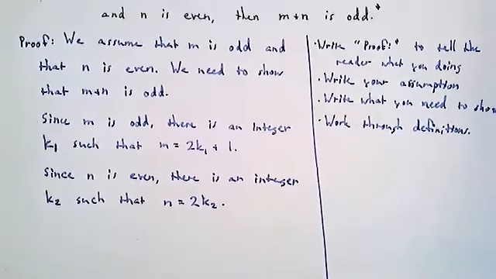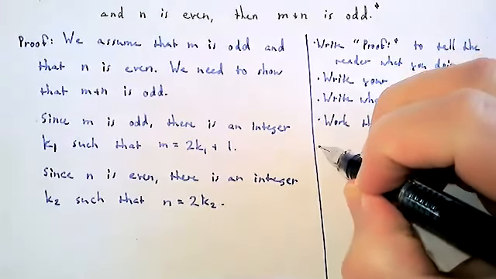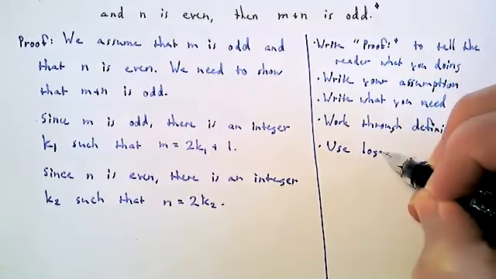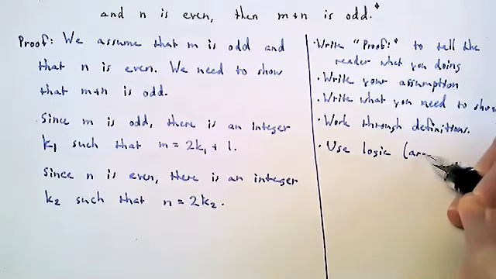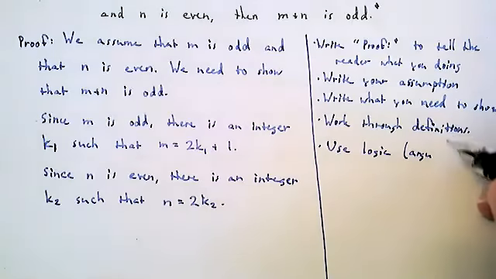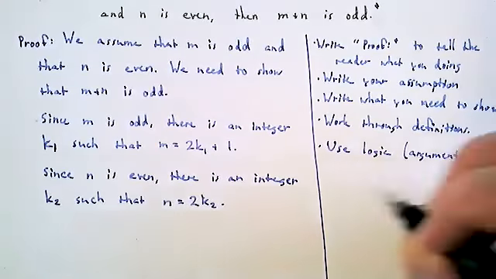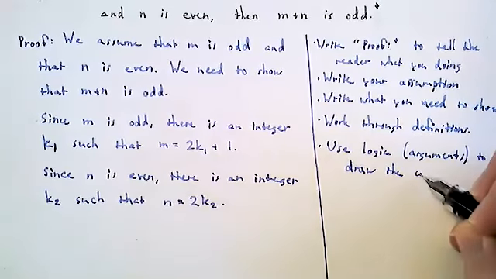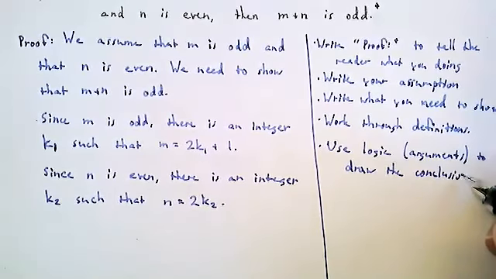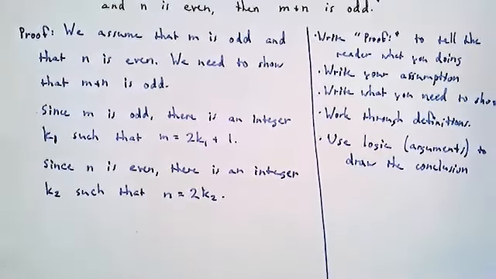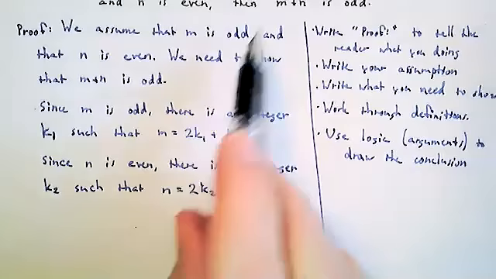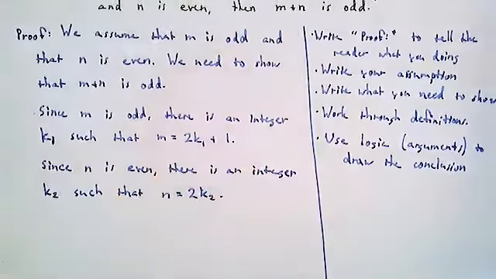So our next step should actually be to complete the proof, to use logic and arguments and that sort of thing, to show that m plus n is odd. So what I need to do now to finish off is just add the two numbers.